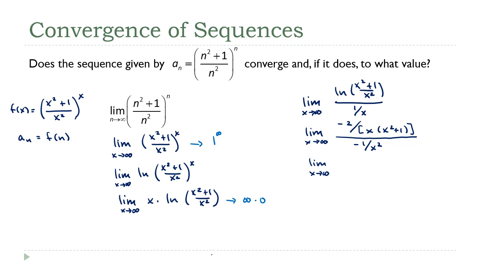The negative signs cancel here, so this will be 2x squared over x cubed plus x.